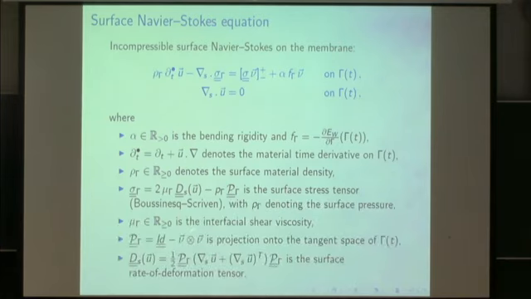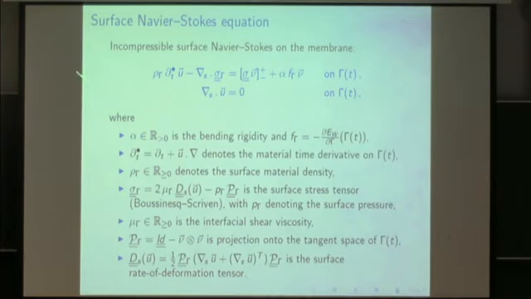And here, this P is a surface pressure, which you can think of as a Lagrange multiplier for the surface incompressibility. You've got now a shear viscosity, and you need these projection operators, the projection operator for the tangent space, to make the surface stress tensor well defined, and you also have the surface rate of deformation tensor similar to the bulk rate of deformation tensor.